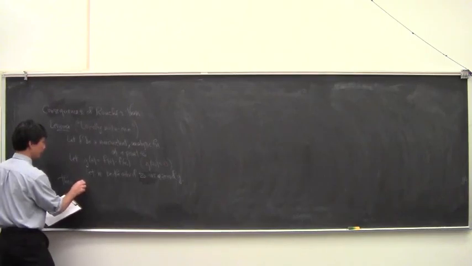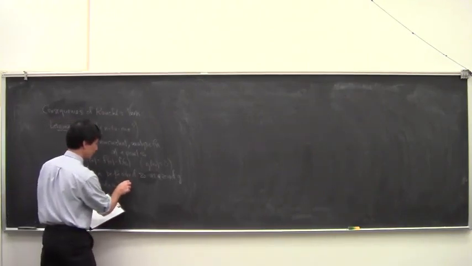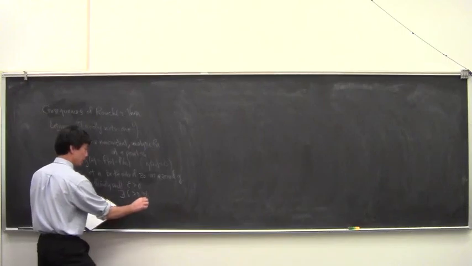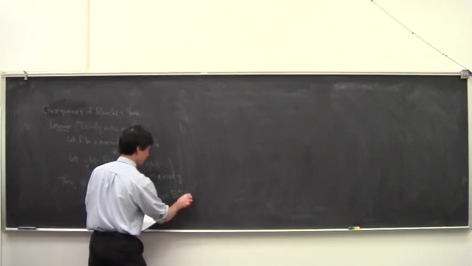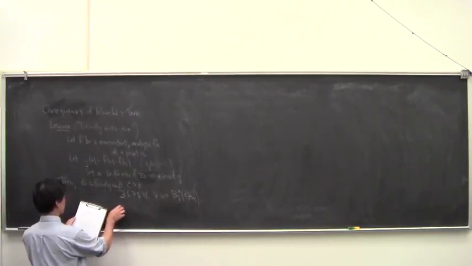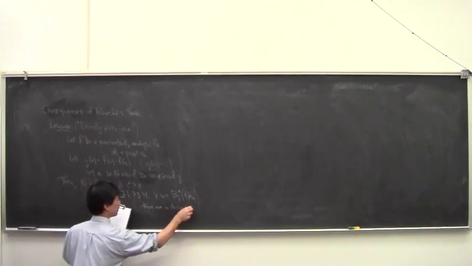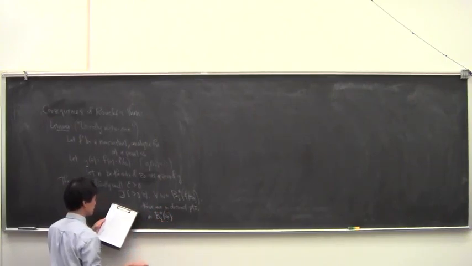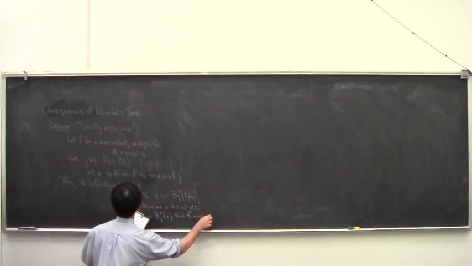For sufficiently small epsilon, there exists a delta such that for all W in the punctured delta neighborhood of f of Z0, there are n distinct points in the punctured epsilon ball around Z0 that F maps to W.